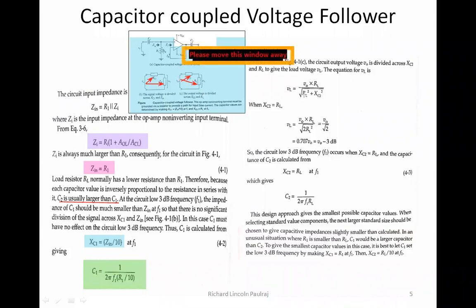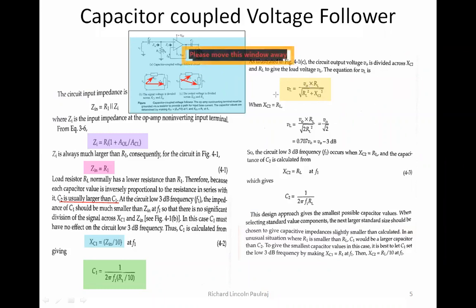So we have this formula: VL is equal to V naught into RL divided by the square root of RL square plus XC square. You would have seen this in your network analysis. VL is equal to V naught into RL divided by the square root of RL square plus XC2 square.